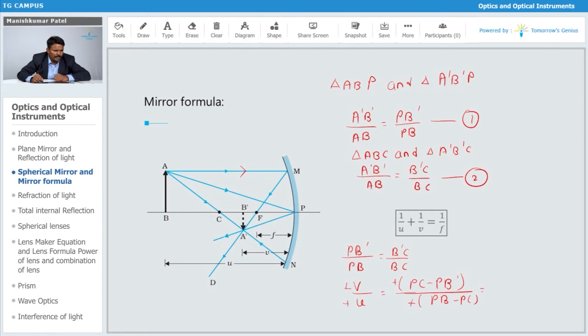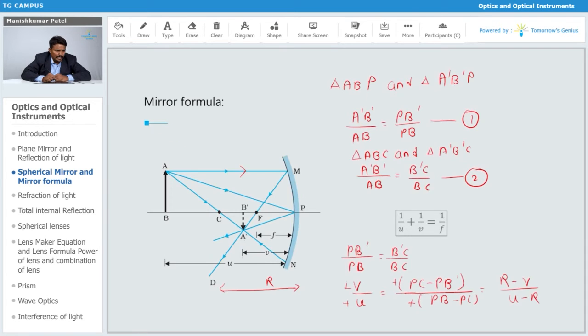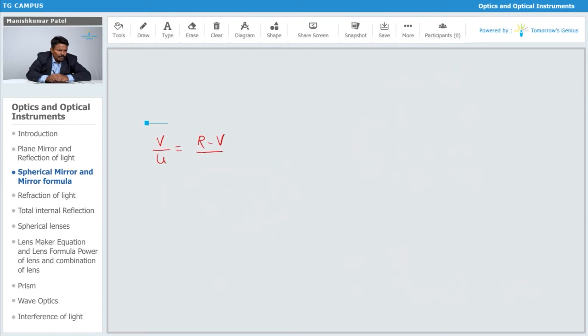PC minus PB dash will give you B dash C. PC is nothing but your R, PB dash is V, and PB is U. So that is V upon U, and on the other side R minus V upon U minus R.